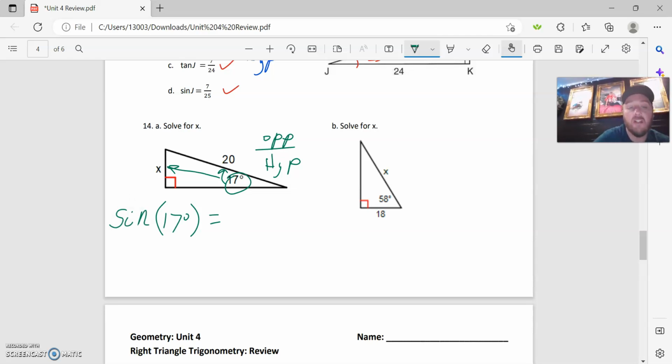So sine of 17, this whole thing right here is just simply a number. It's the table value for 17 degrees along the columns, right? You go down the columns 10, 15, 16, 17 degrees. Now I'm going to go over to that second column on my chart, which is the opposite over hypotenuse. So I'm going to find a table value, whatever that number is, and that is going to be equal to the value of this particular triangle, the opposite over the hypotenuse.